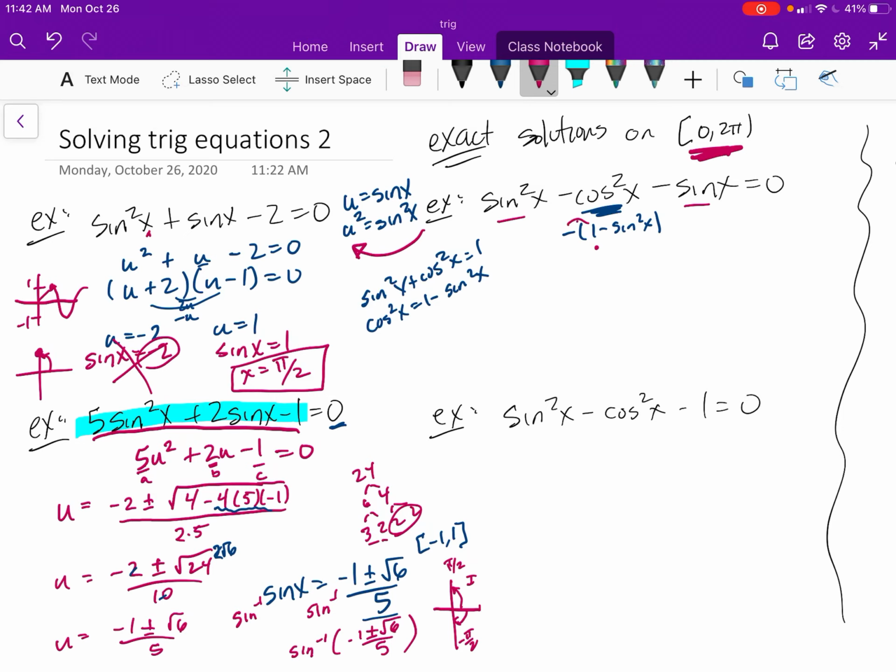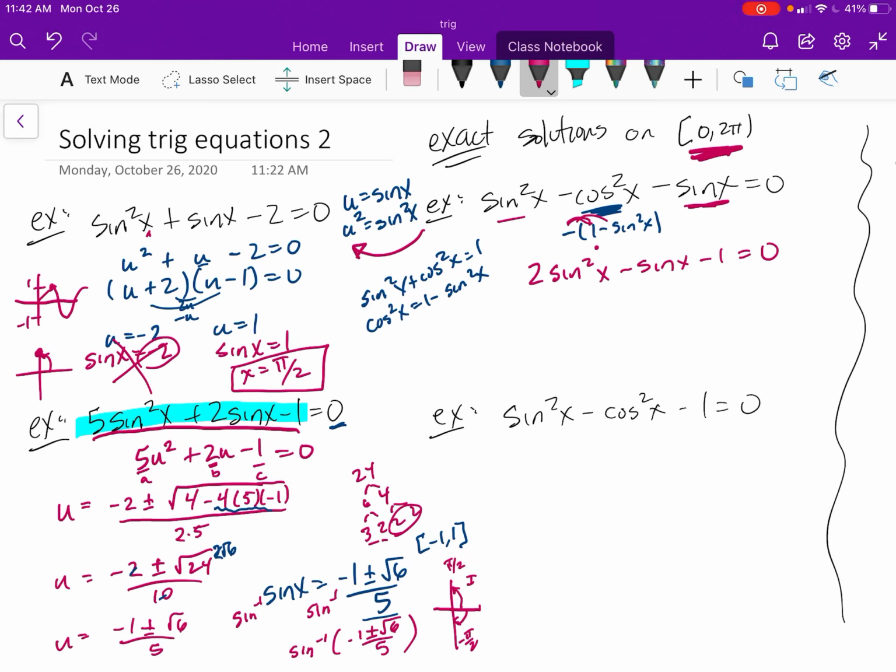Let's distribute this negative 1. So I'd have a sine squared plus another sine squared, so 2 sine squared. Then I have this minus sine x, and then I have a negative 1. All right, let's hope that this in fact factors.